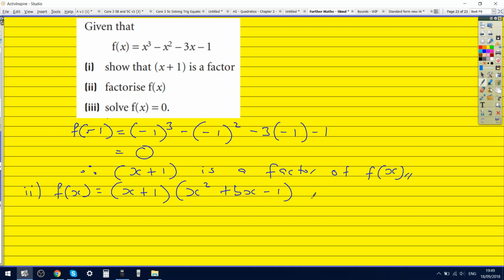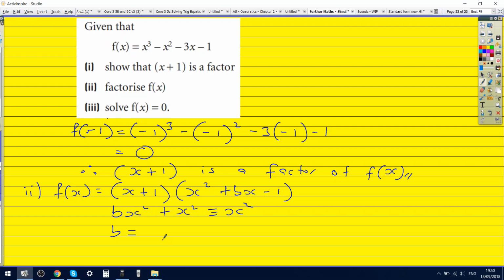We know the x squared values will be x times bx and the 1 times x squared. We know it must equal x squared. Is b then minus 1?